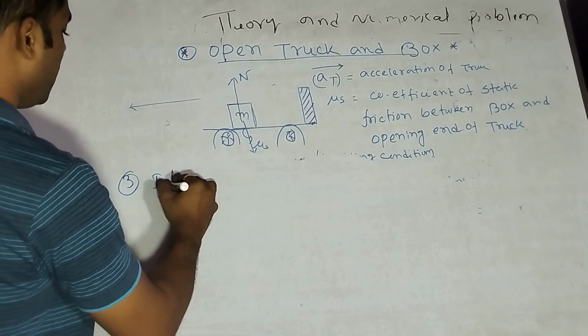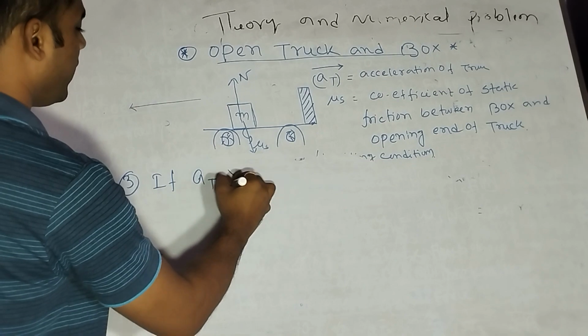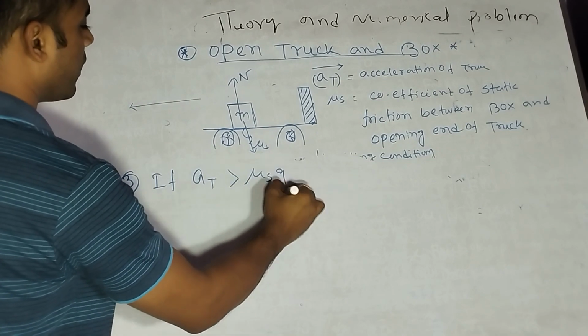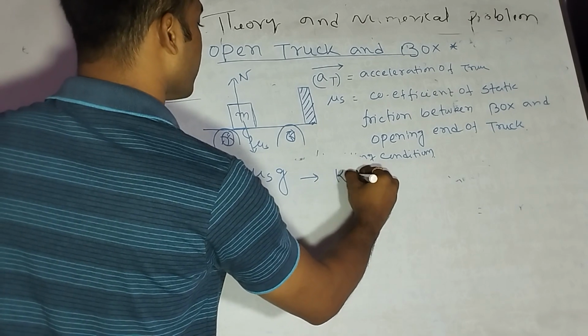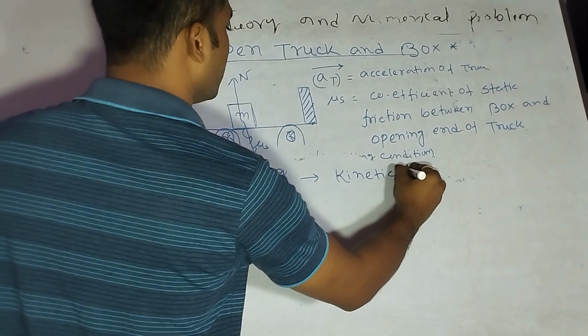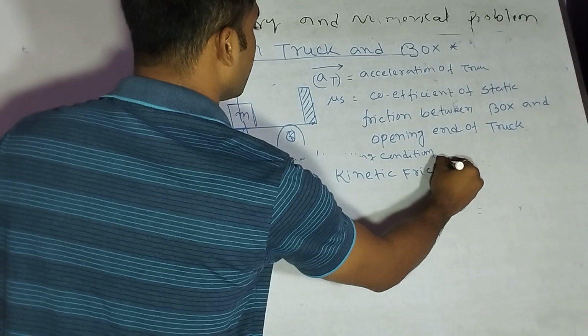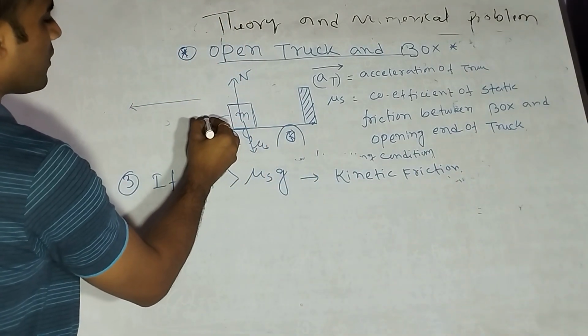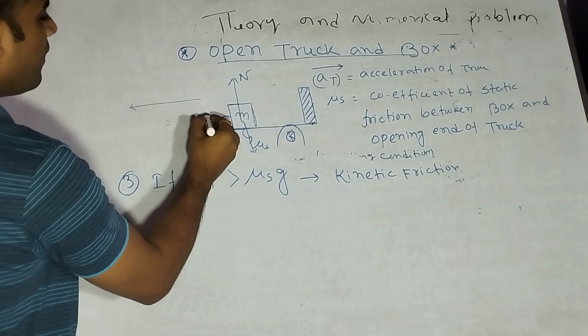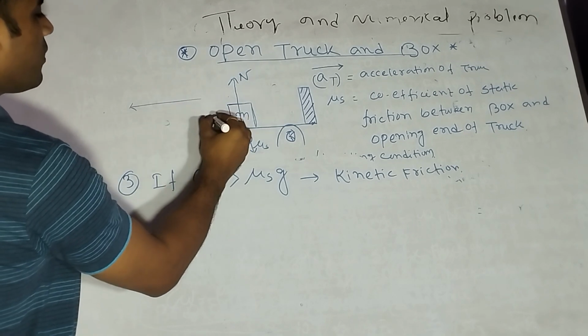If the acceleration of the truck is greater than mu s g, then this is kinetic friction. What is the meaning of kinetic friction? That means the box started moving backwardly.